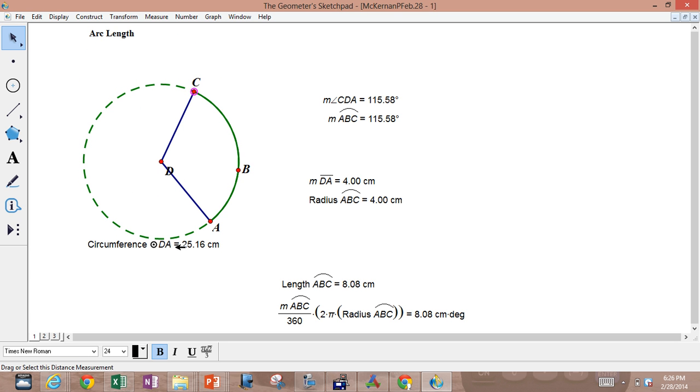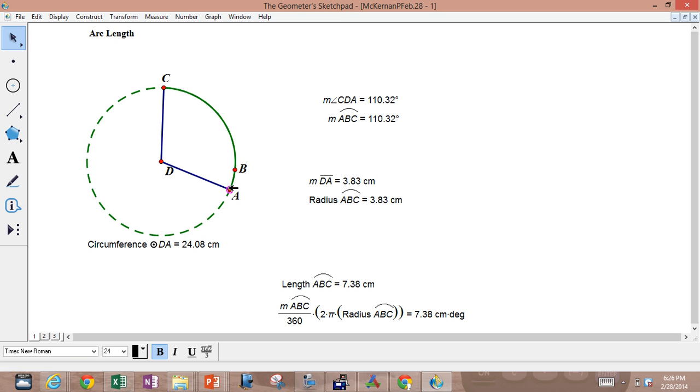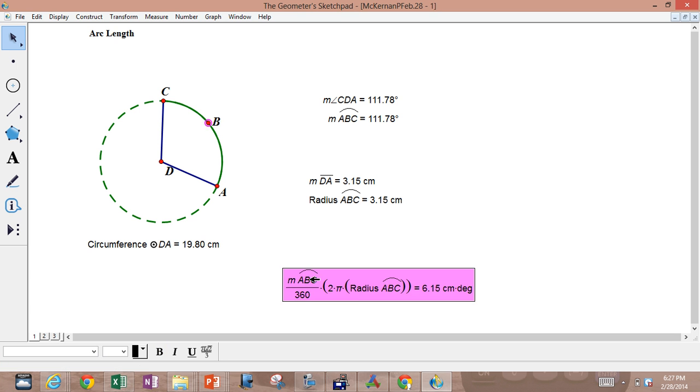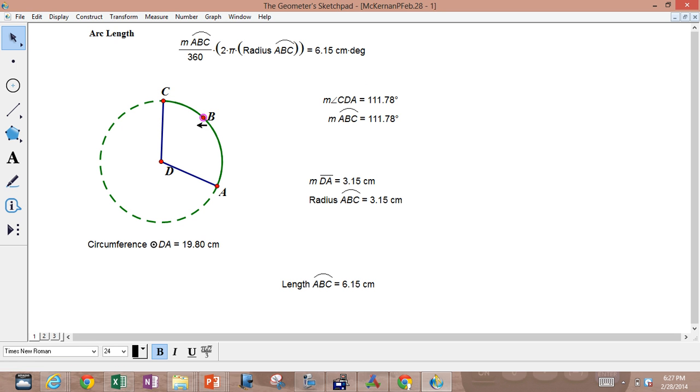Okay, we've got our circumference. And of course we know the circumference is 2 pi r. I can make the circumference larger by changing the size of the circle, right? Now, the arc length, which is the arc ABC, is some fractional part of the entire circumference.